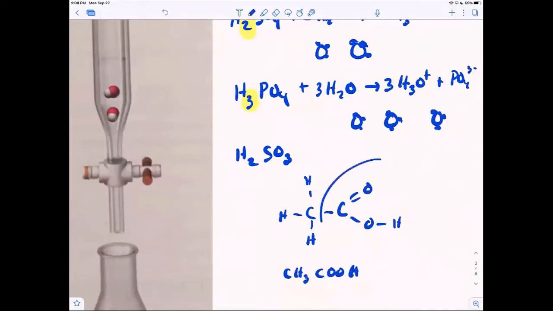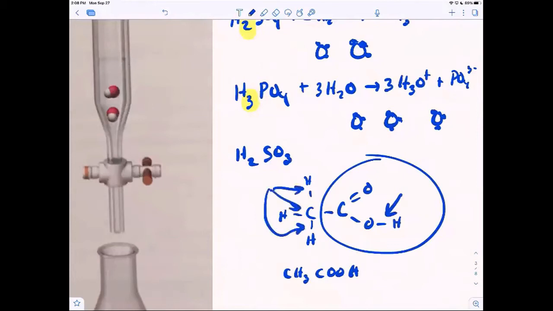And this group here is called a carboxylic acid group. This hydrogen, well, this bond, is an easy bond to break, whereas these bonds are not easy to break. So although this molecule has 4 hydrogens, it only has 1 hydrogen that is involved in an acid-base reaction.